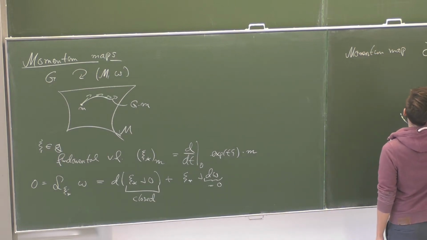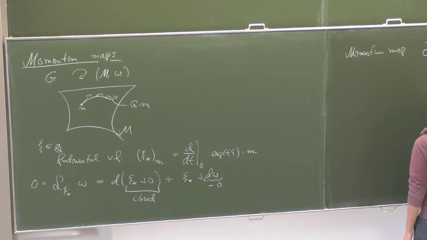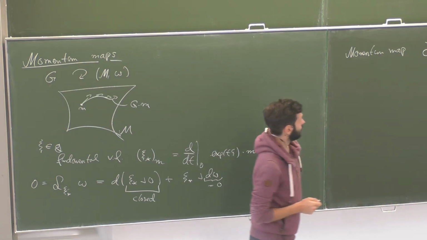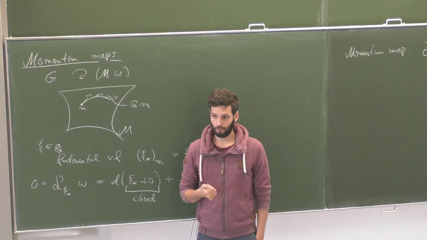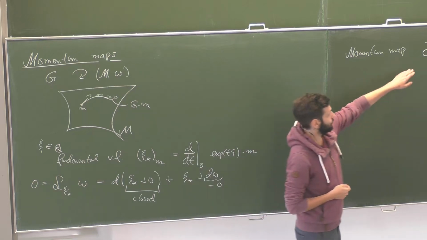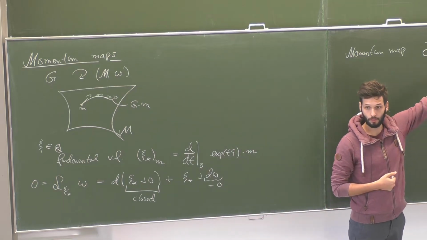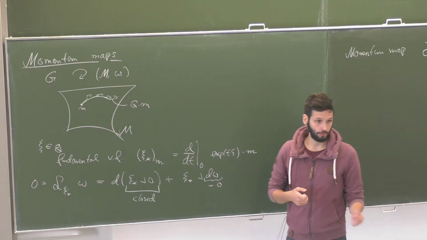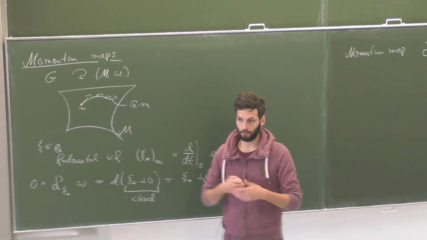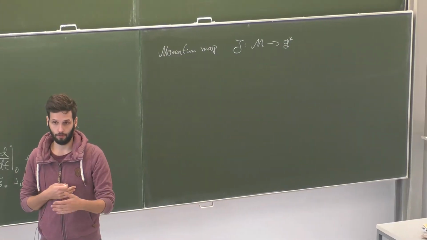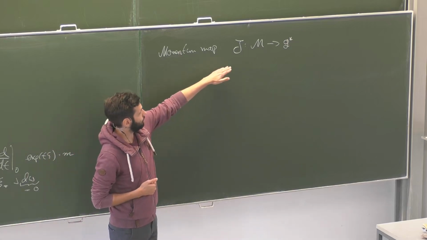The map from the symplectic manifold into the dual of the Lie algebra. And now we come to the first problem in infinite dimensions. Usually you don't want to choose the full dual there. Because what you want, for example, is that if you have a free action, you want something like surjectivity of the momentum map, at least on an infinitesimal level.